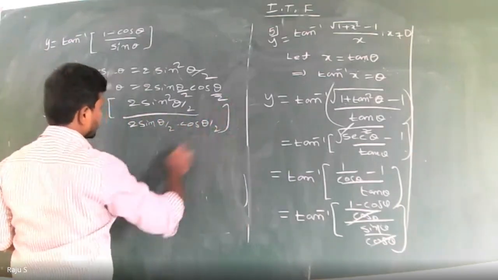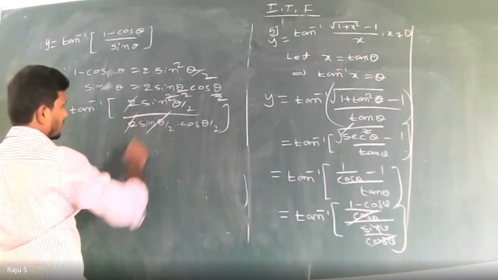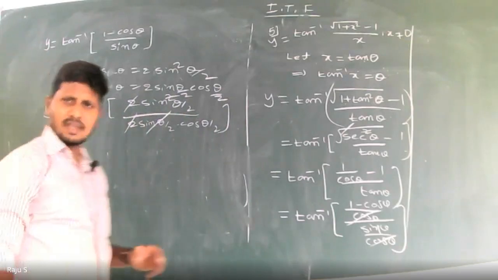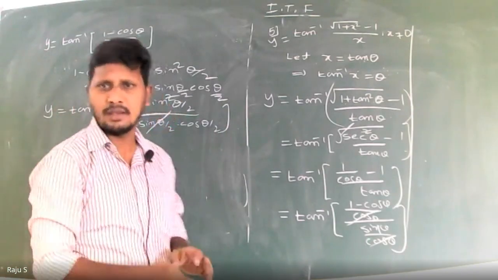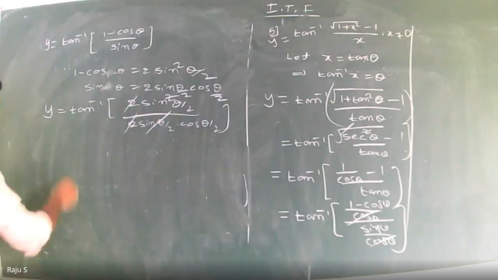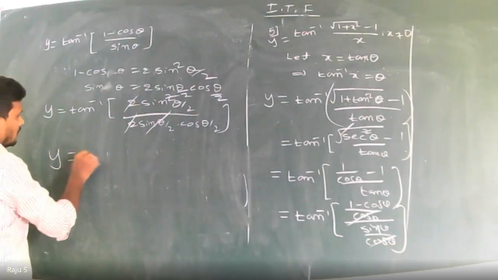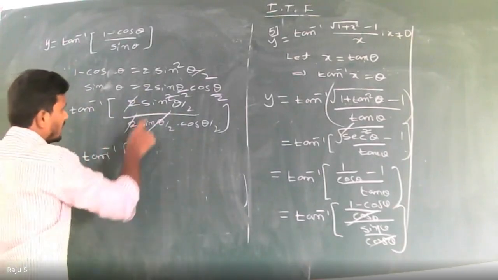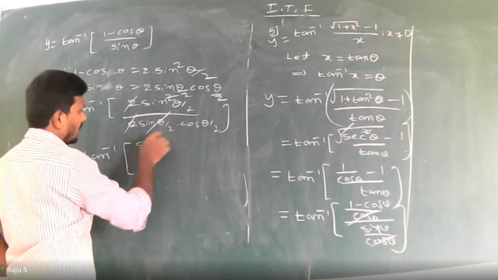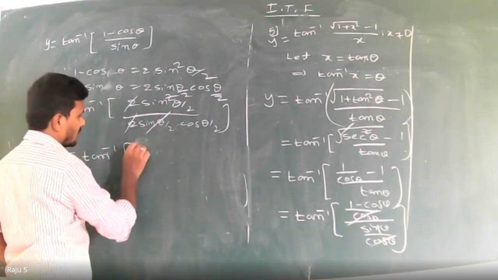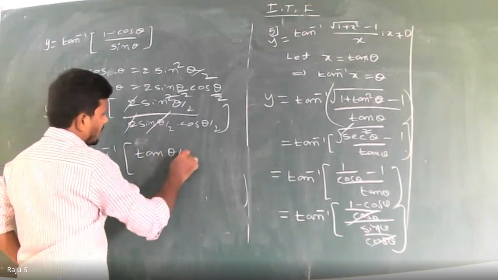The 2 cancels and one sin cancels. We have solved many problems of this kind. So y is equal to tan inverse of sin theta by 2 over cos theta by 2. This is tan theta by 2.